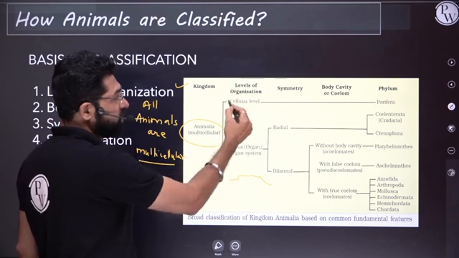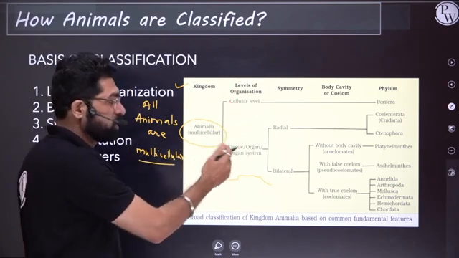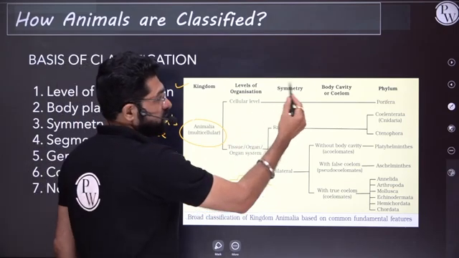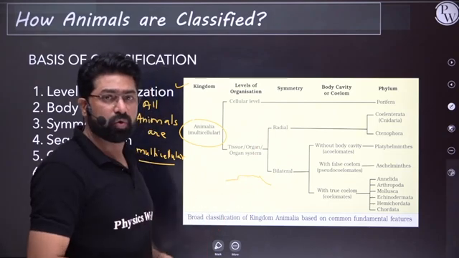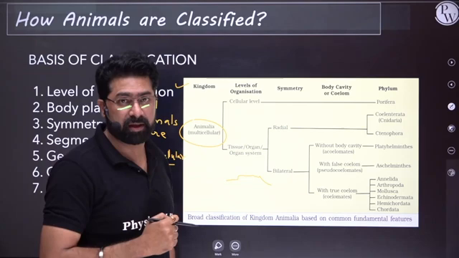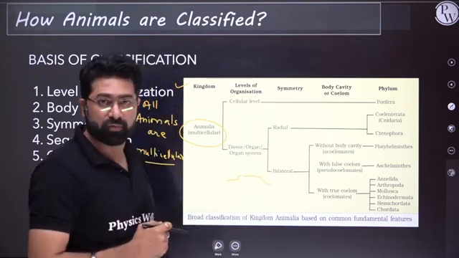For that we have the level of organization. Level of organization comes as cellular level, tissue level, or organ and organ system level. Here you see the symmetry. Now on the basis of symmetry we can majorly classify. One is radial, the other is bilateral. Radial, if we talk about, it's Coelenterates and Ctenophores.